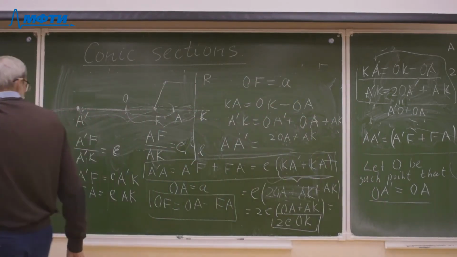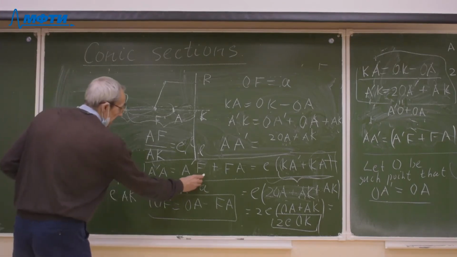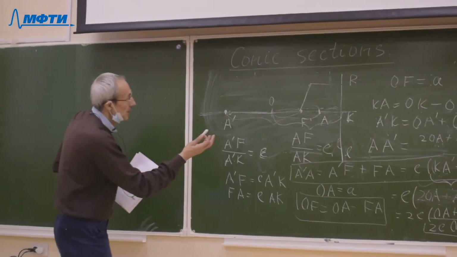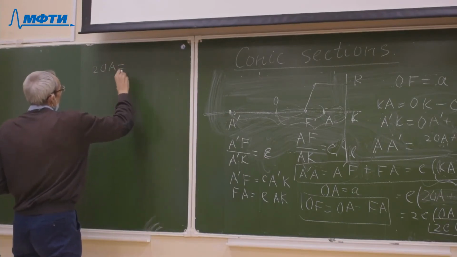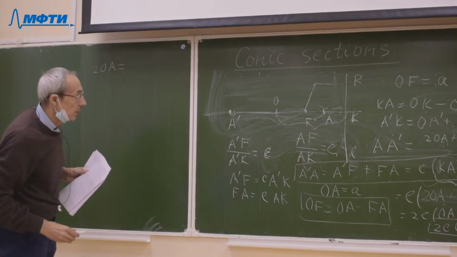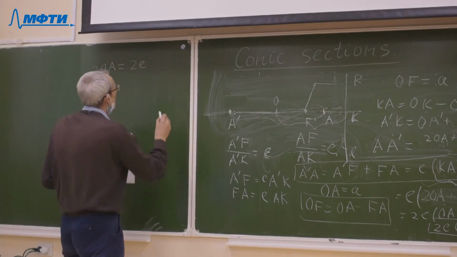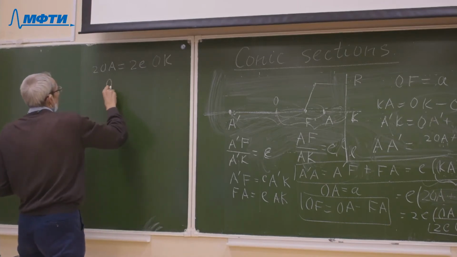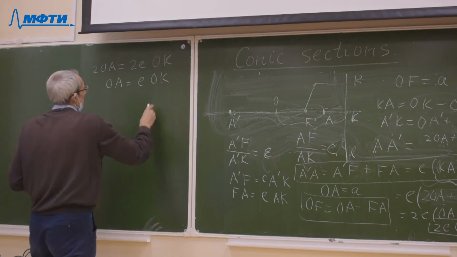This equality, and we obtain that left hand is equal AA prime, which is equal to twice OA, and we obtain twice OA is equal to e OK. OA is equal e OK.